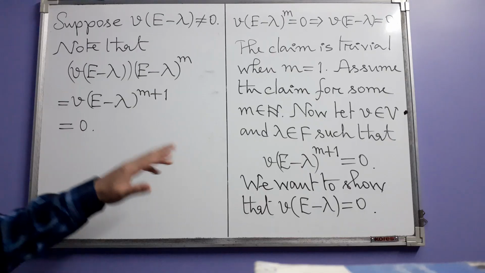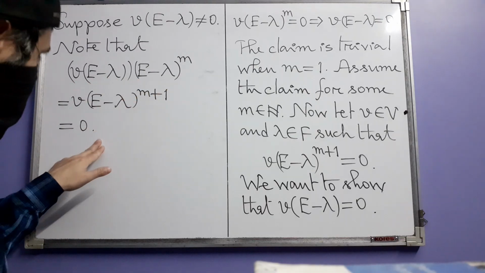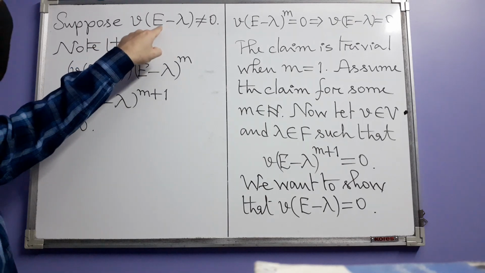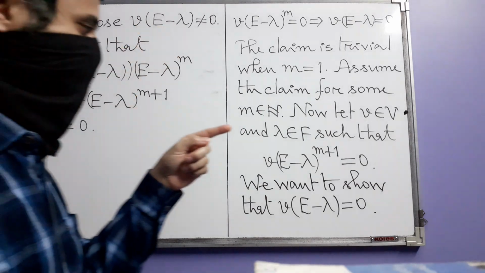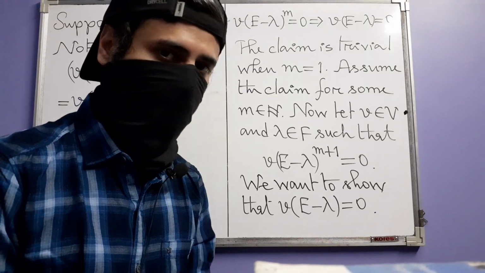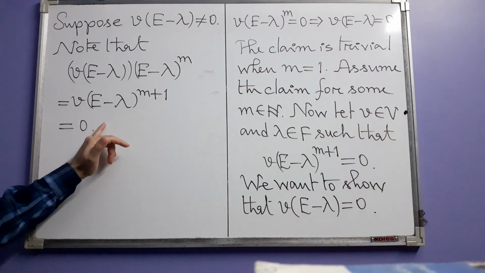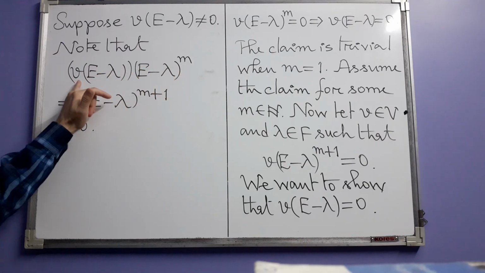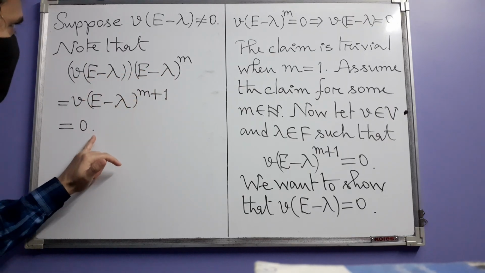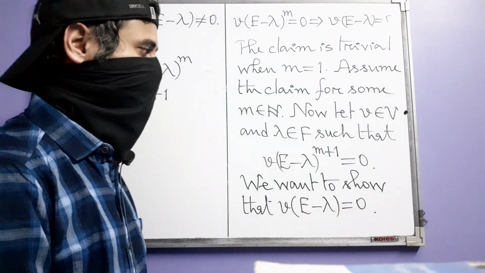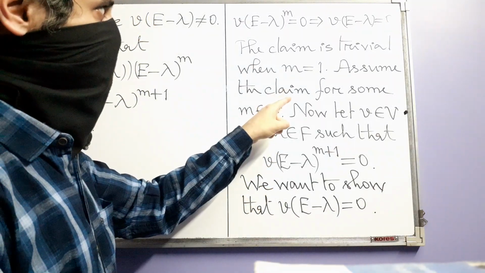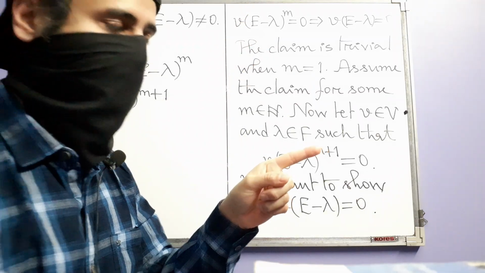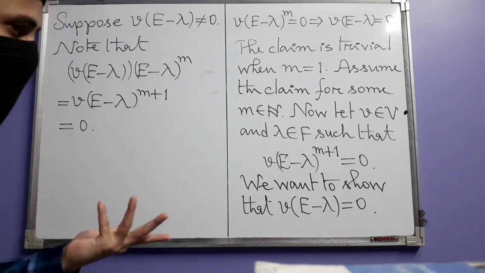So now what can we say from the fact that this is 0 and this is non-zero? Note carefully that when you apply E minus lambda on v, the result is a vector. Now applying this E minus lambda to the power n on this vector, we are getting 0. So by the induction hypothesis, which is true for all vectors and all lambda and that specific n, what should we get now?